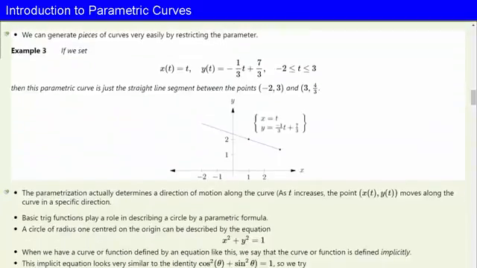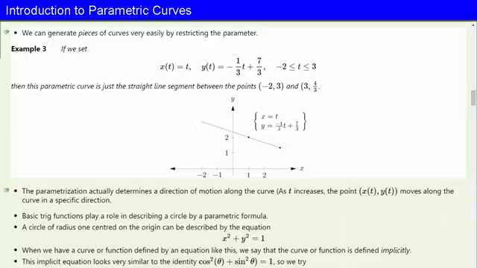The neat thing about this parametric idea is that we can generate pieces of curves very easily by restricting our parameter. For example, if we set x(t) equal to t and y(t) equal to -1/3 t + 7/3, but we restrict t to the interval -2 to 3, then this parametric curve is just a straight line segment between the points (-2, 3) and (3, 4/3).